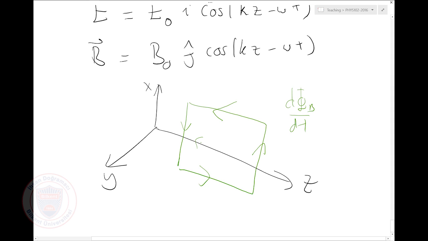That's what I need. d phi B dt through this loop will be proportional to B0 because B is in the y direction. It will depend on how thick a loop I get, but that'll still be proportional to B0.